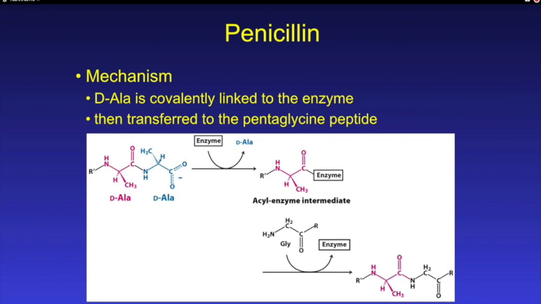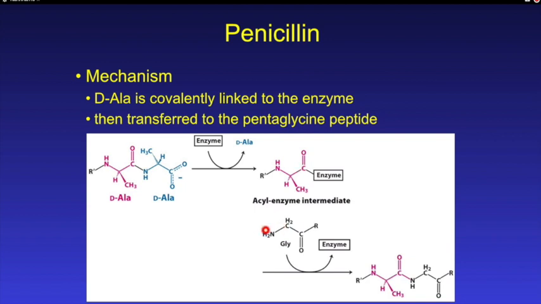What we need to know is that that D-alanine and glycine linkage will be made, but before the glycine attaches to one D-alanine, the cell has two D-alanines on the end. The enzyme will bind to the two D-alanines, and the enzyme becomes covalently linked with the carbonyl, and one D-alanine falls away in the intermediate of the synthesis process. So now I have one D-alanine and the enzyme connected.